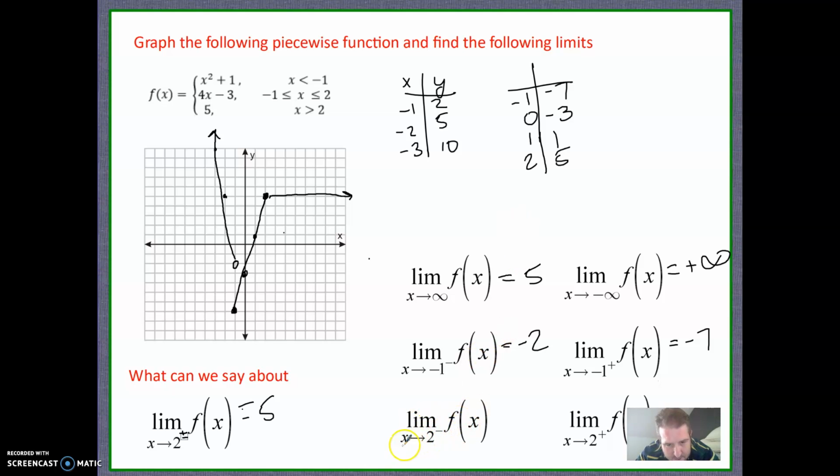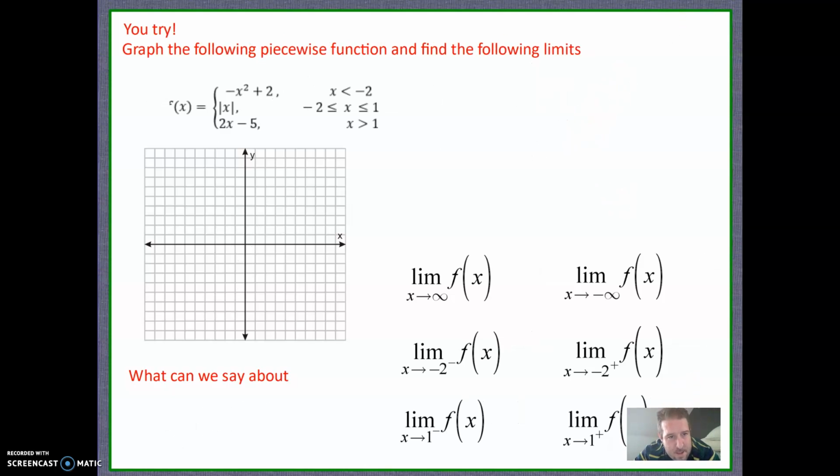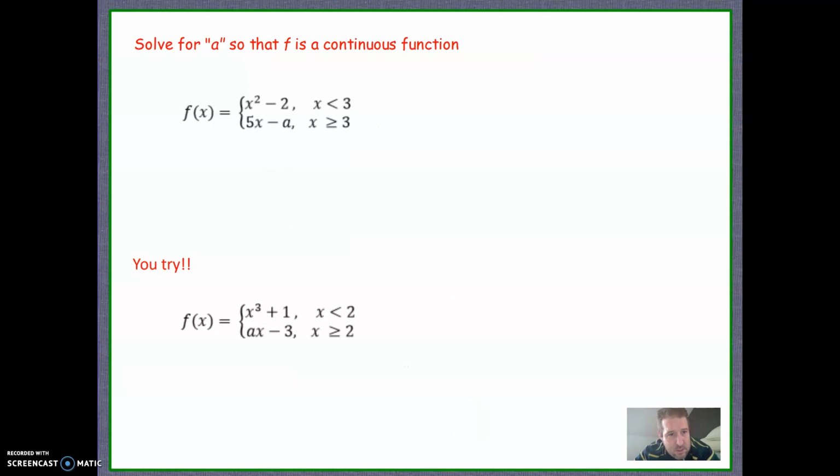As x is getting closer to 2 from the left-hand side, it is getting closer to 5, and from the right side, it is also getting closer and closer to 5, as we had mentioned before. And very similar question to what we just did. I'm going to skip this one, give you that one as practice, and I want to make sure I have enough time to do one of these solving ones.